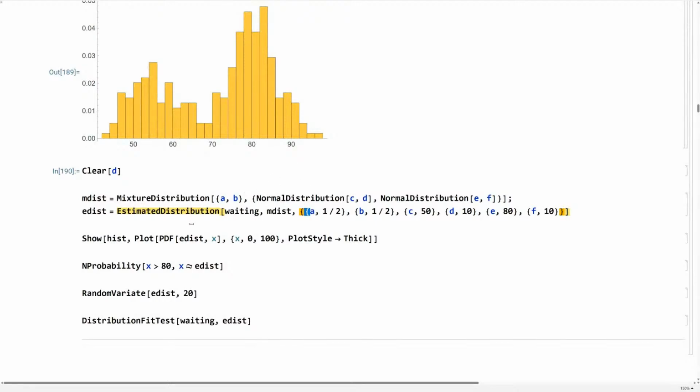So now we can have this mixture distribution, and remember that it's just another distribution. Now we can apply the estimated distribution to this whole new distribution we just made, giving it the data.